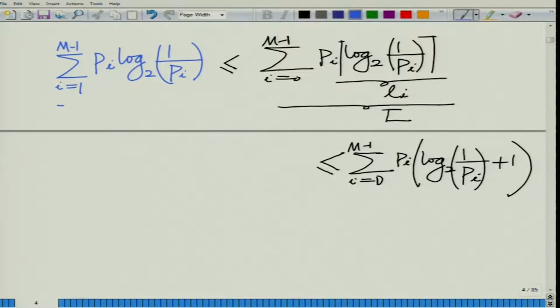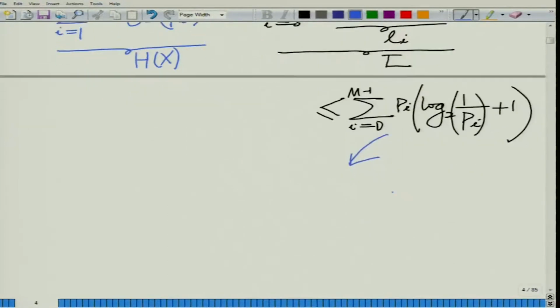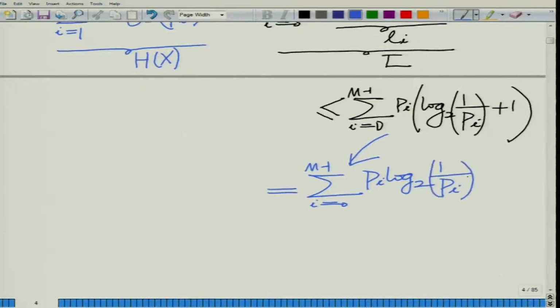Now obviously, if you look at this quantity, it is nothing but the entropy, and this quantity can be simplified as follows. If you remove the brackets and expand, this is summation i equal to 0 to m minus 1 of p_i log to the base 2 of 1 over p_i, plus summation i equal to 0 to m minus 1 of p_i.